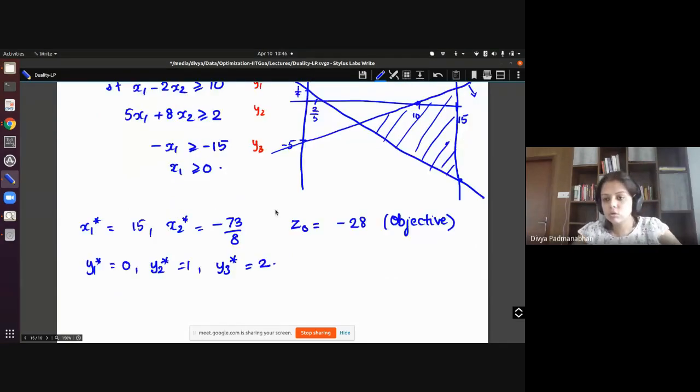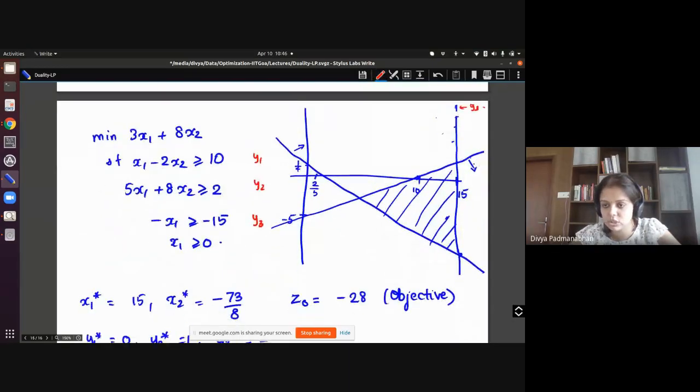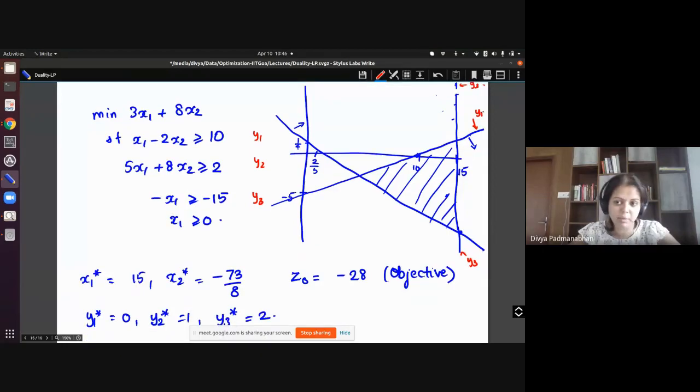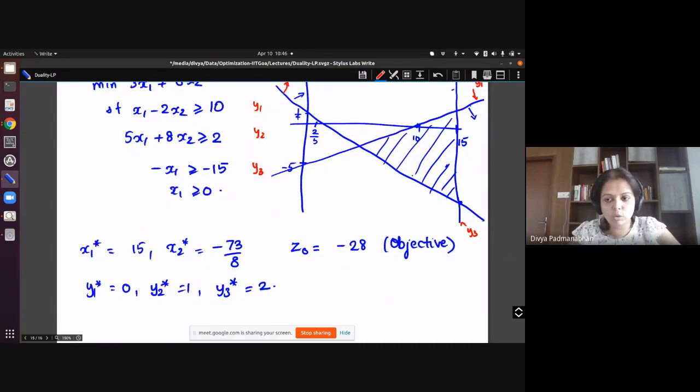Okay, so let me just write the constraints to which these correspond. So y3 corresponds to this one. Okay, and this corresponds to y1. y1 corresponds to the multiplier for this constraint, and y2 corresponds to the multiplier for this constraint. Okay, so one thing you see, like complementary slackness holds here, right?